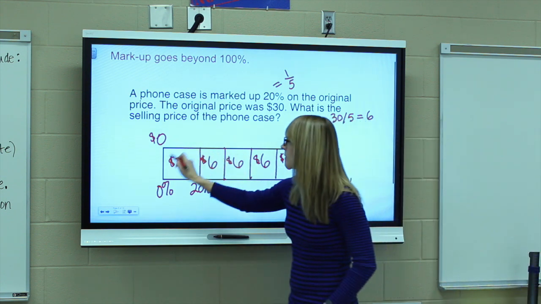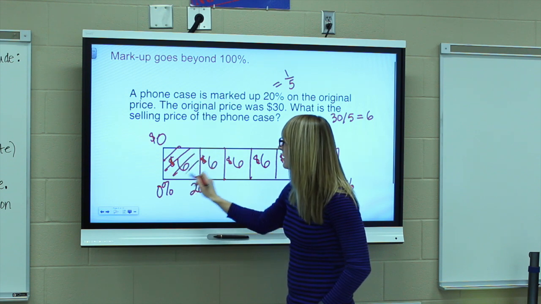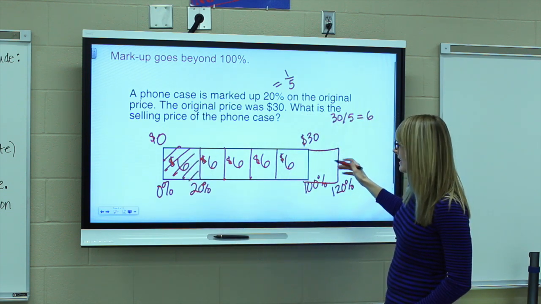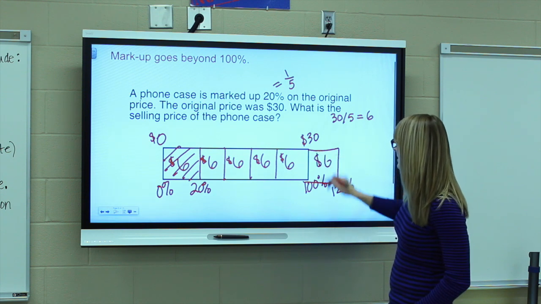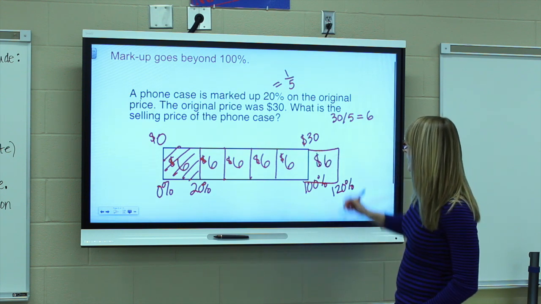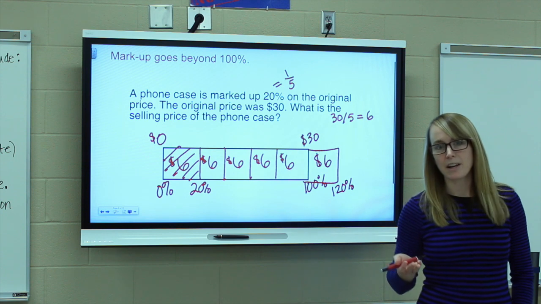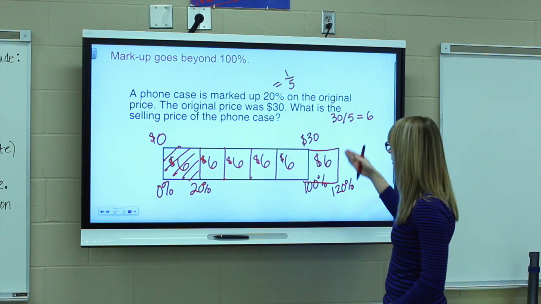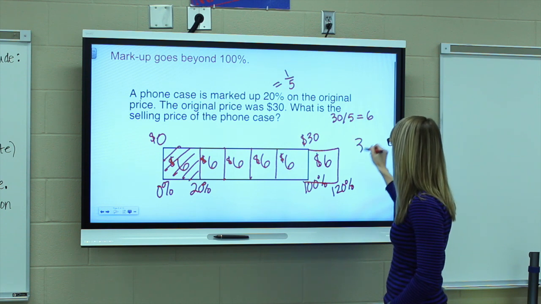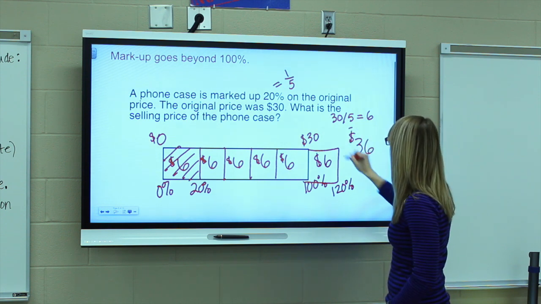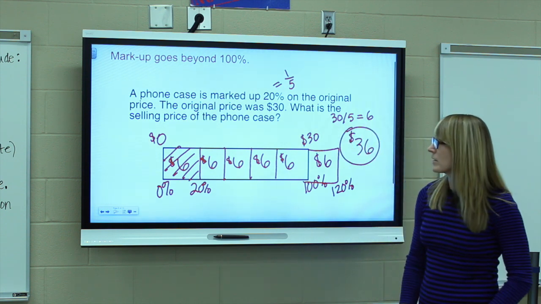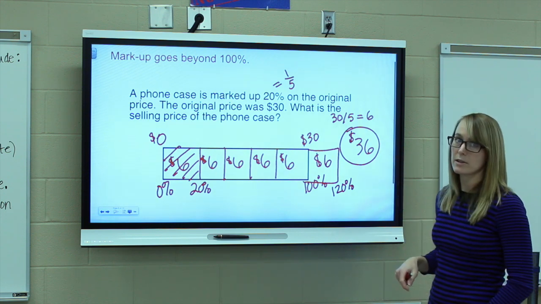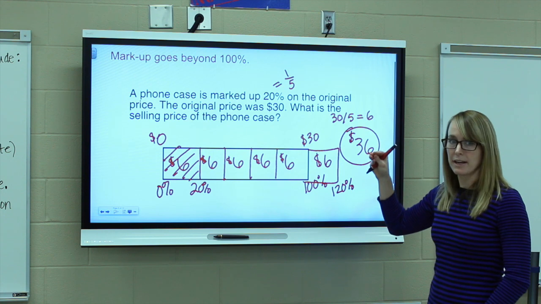Well, if this is my 20% right here, I know that this extra 20% at the end is also $6. And so the original price was $30. I'm adding on 20% for the markup. So 30 plus 6 is $36. So when it asks you what the selling price was of the phone case, it's $36. Okay, we just had to add on that extra 20%.